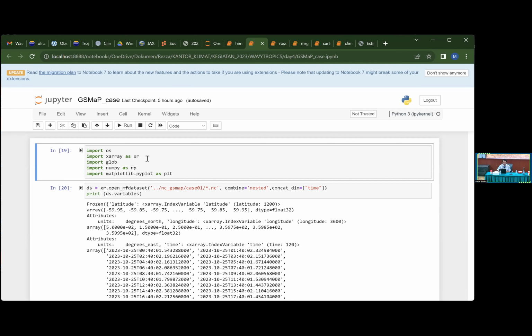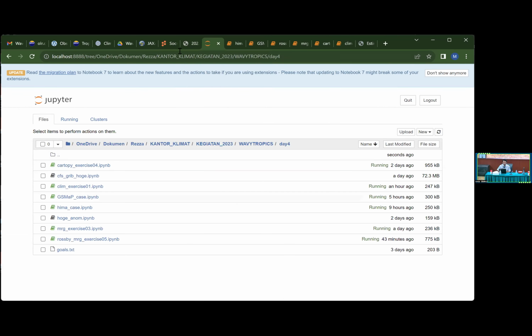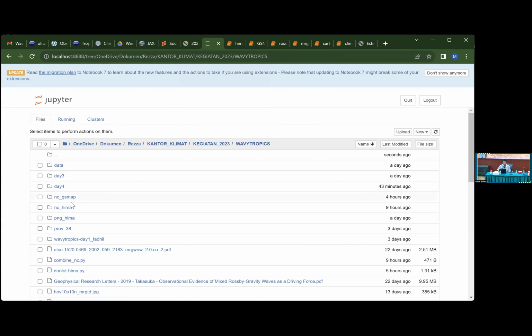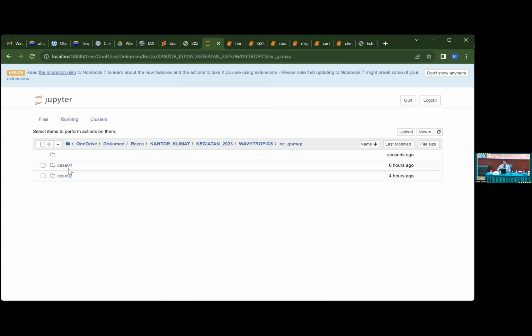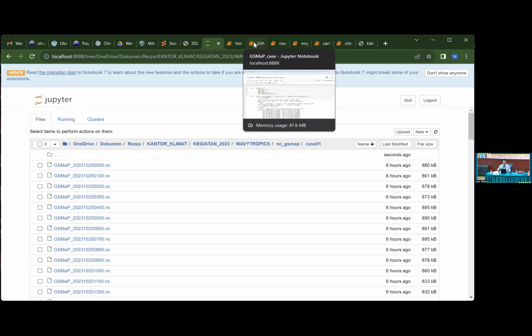So first, the data itself consists of several netCDF files, one for each hour of data. You can see inside. So case 1 is for the October case, and case 2 is for the November case. When you have single netCDF files and want to plot a Hovmöller diagram, just collect them into one folder, so you can read them at once.